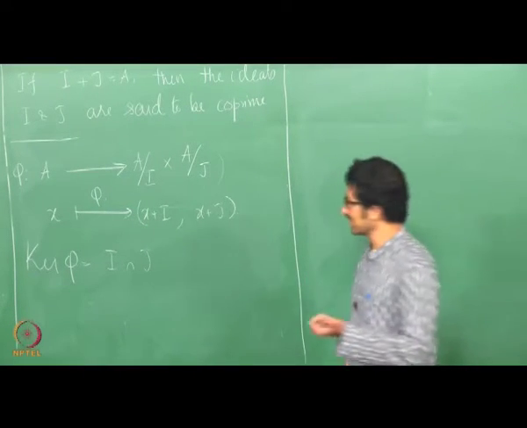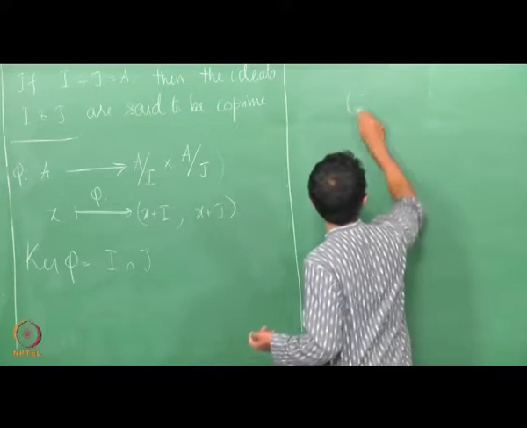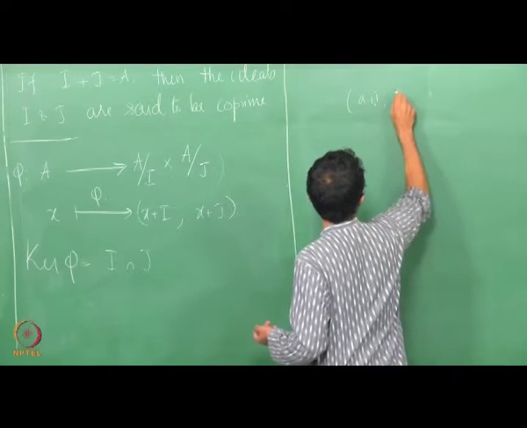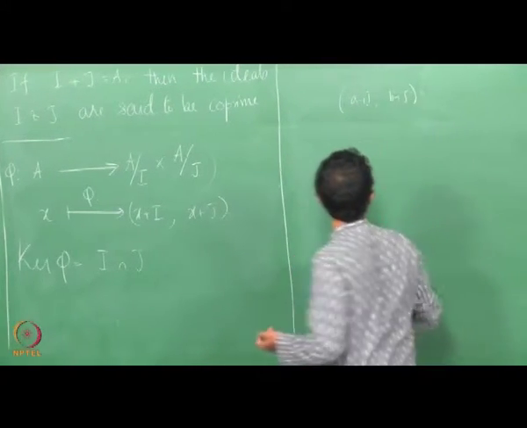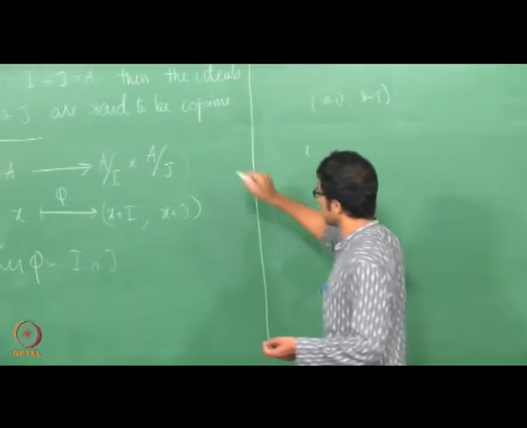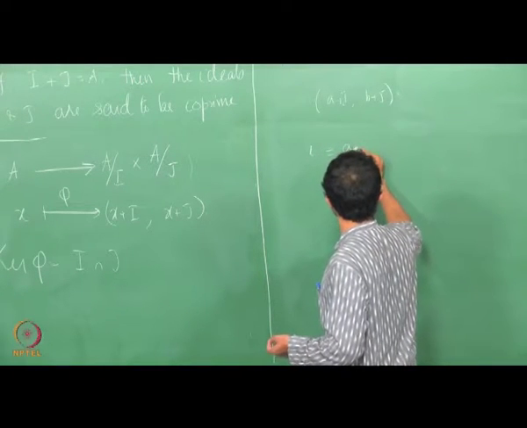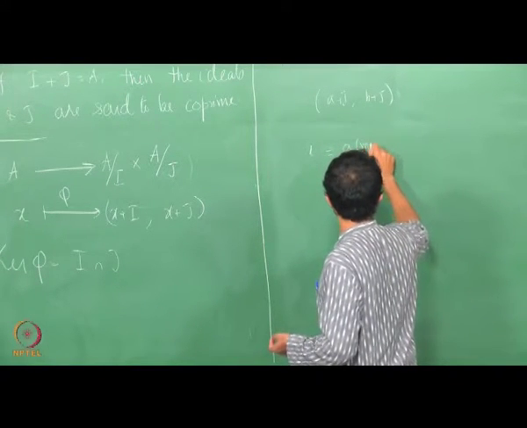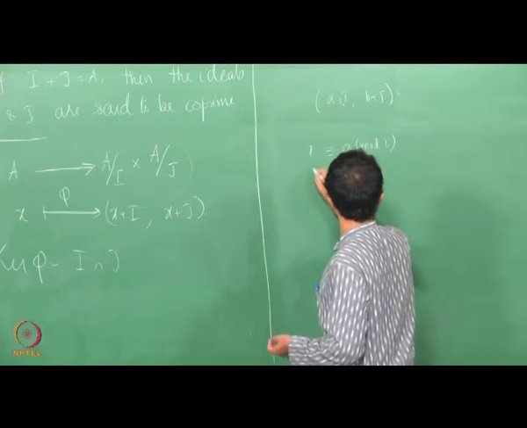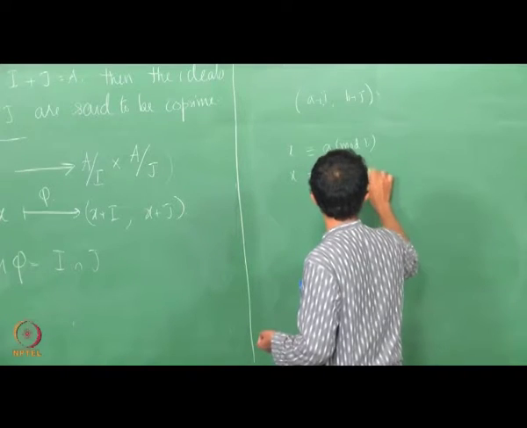The question here is, given an element A plus I, B plus j, can we find x in A such that x is congruent to A mod I and x is congruent to B mod j?